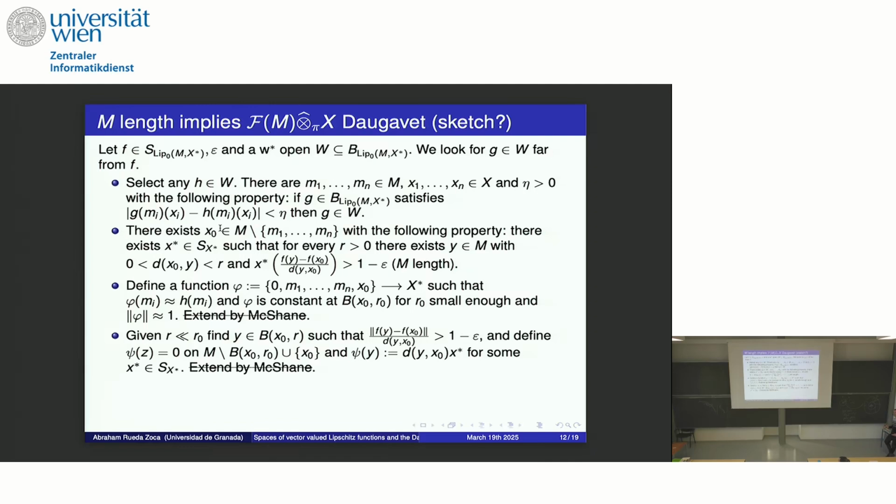But okay, here it is not so relevant because we can use functionals of the form t tensor x star. I wanted to avoid tensors, but okay. So using multiplication by real valued Lipschitz functions, you can use a compactly supported Lipschitz function and multiply by x star, and okay, you can save this.